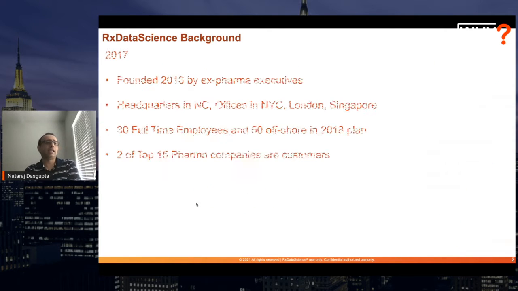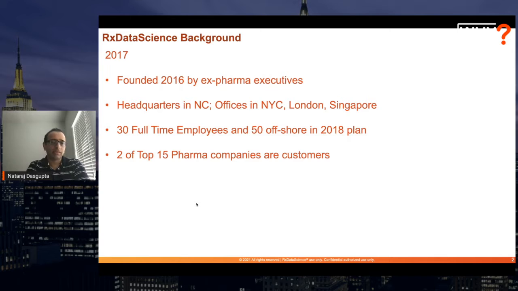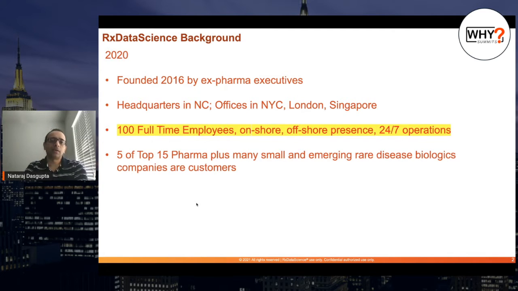Firstly, RX Data Science, the firm I'm with, was founded in 2016 by ex-pharma executives, with headquarters in NC, New York, London and Singapore. In 2017, we had 30 employees and about two clients. Fast forward to 2020, last year, we had grown to about 100 full-time employees and 24 by 7 operations.